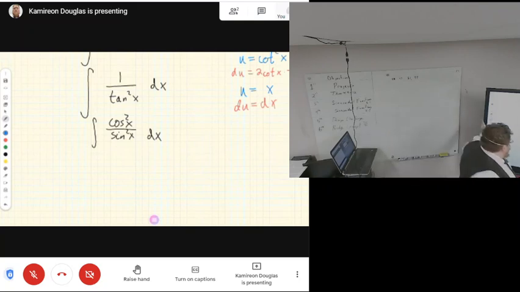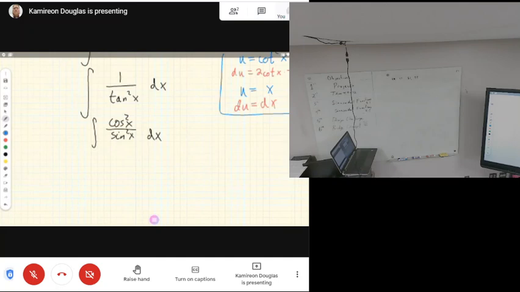So let's make our list again and work them one at a time. I can make my u cosine of x, cosine squared of x, sine of x, or sine squared of x. And there are some more extreme ones I could try. None of these work, but I'll start here for now.